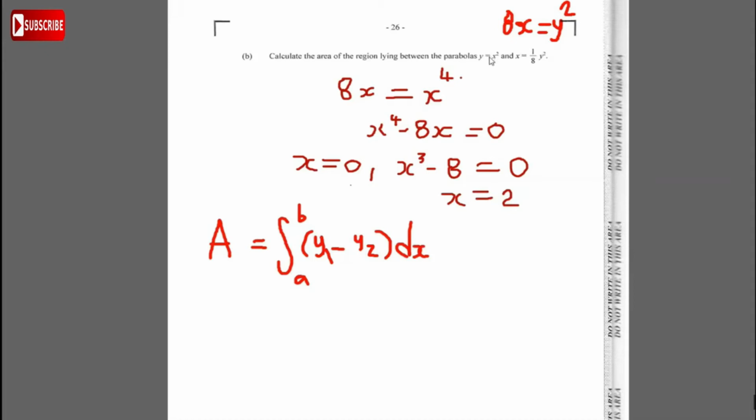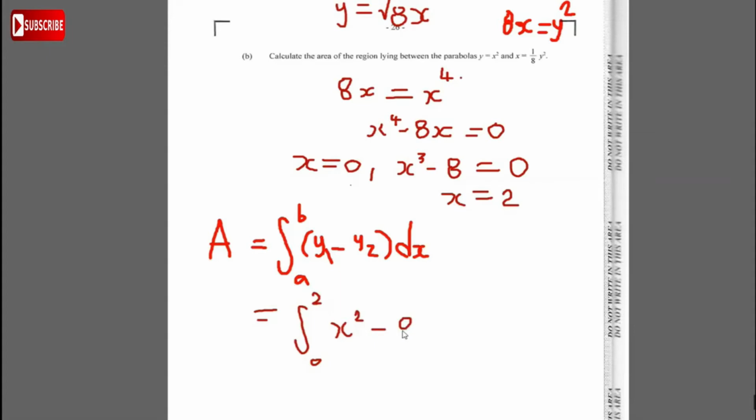But first thing, we need to make y the subject of both of them. Now, in this one, y squared is 8x. So you can clearly see that then y would be equal to the square root of 8x. So in this case, the area is going to be equal to the integral from 0 to x being 2 of y1, we can call y1 x squared, minus y2, we can call y2 8x to the half power.